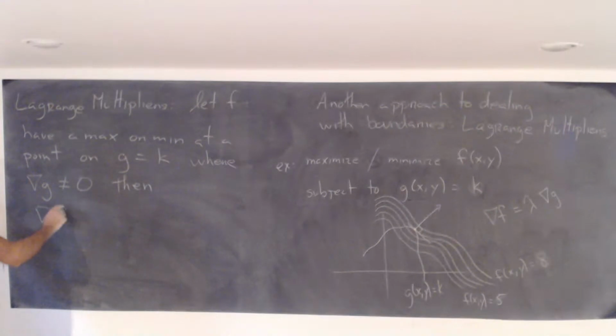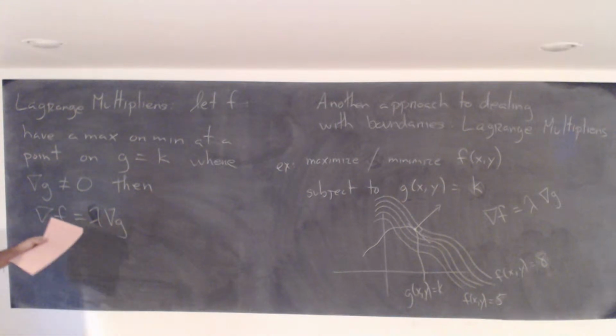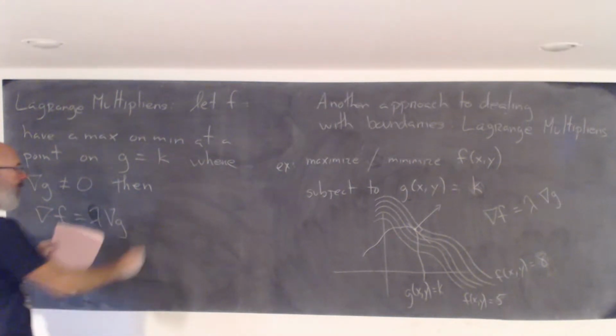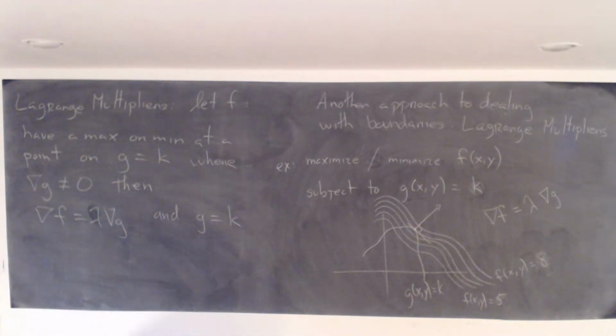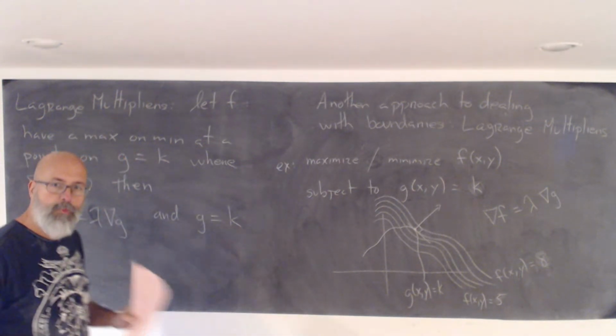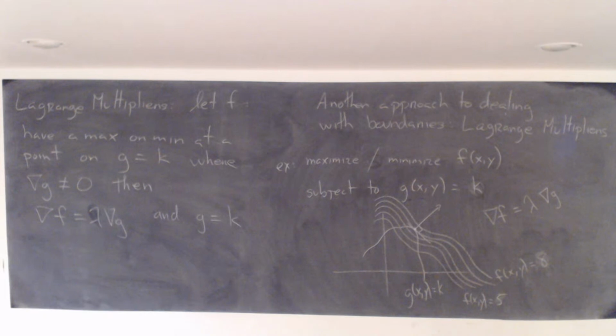Then the gradients of f and g have to be parallel. Carl is asking, so g is the boundary? Correct. Exactly that. g is the boundary. So that's the Lagrange multipliers theorem as stated in the book.